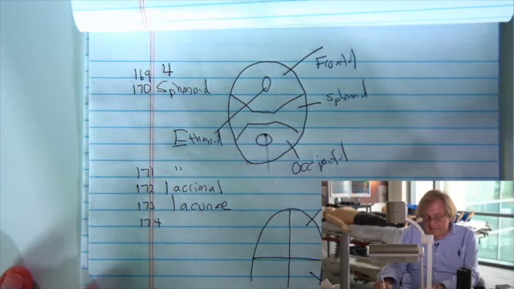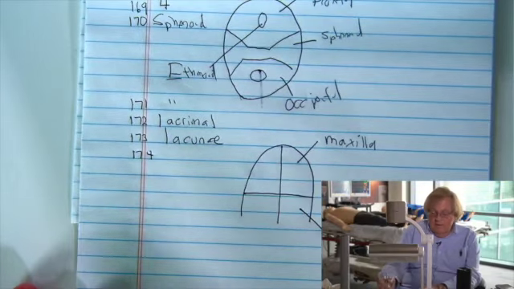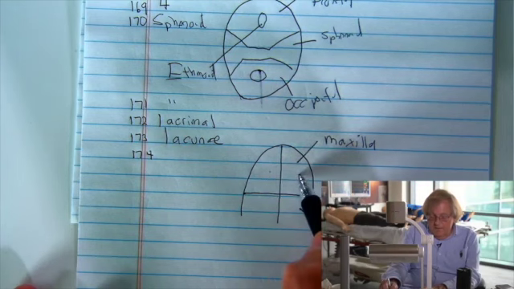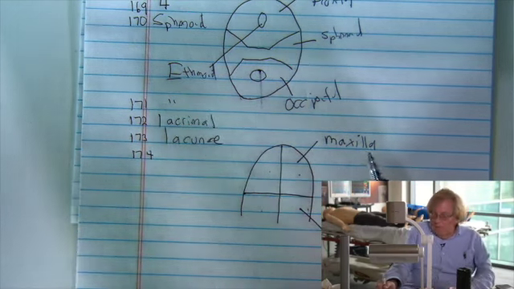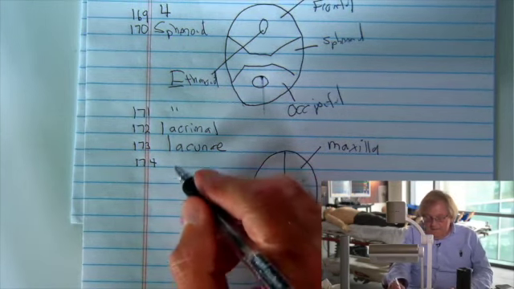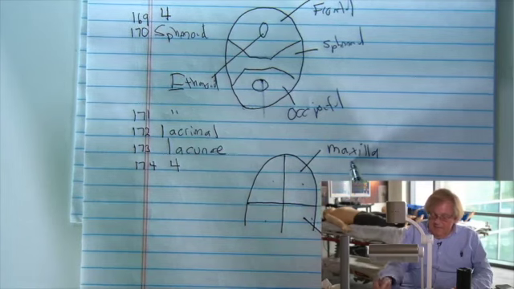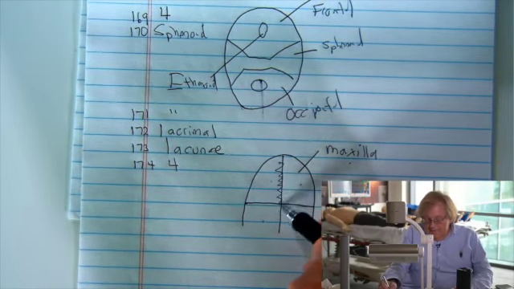These are going to be the maxilla, and these are going to be the palatine. So I've got 1, 2 maxilla, 1, 2 palatine bones. I've got 4 bones that are going to make up the hard palate: 2 maxilla, 2 palatine, and of course they're interconnected by sutures.